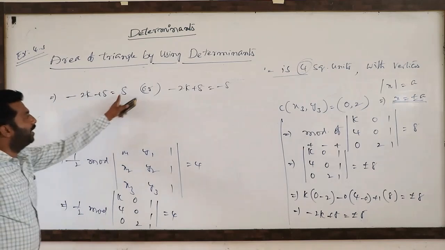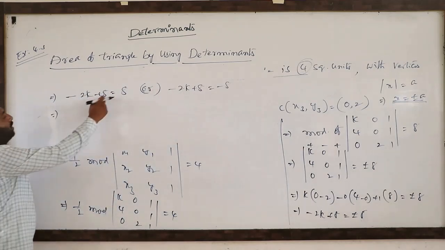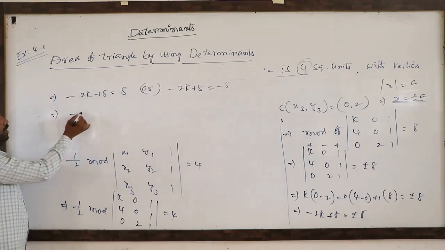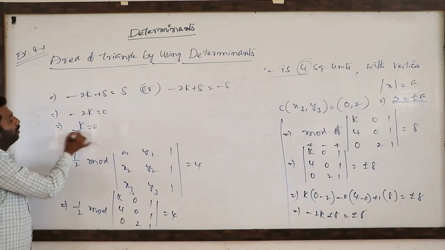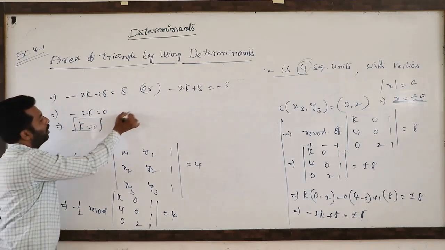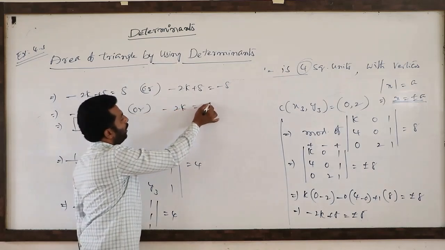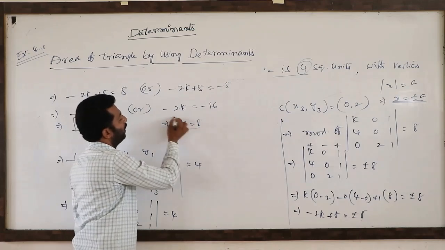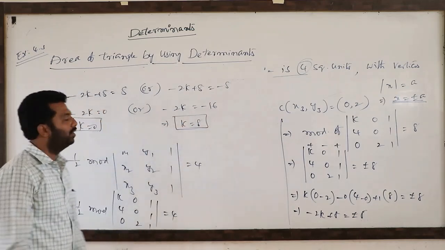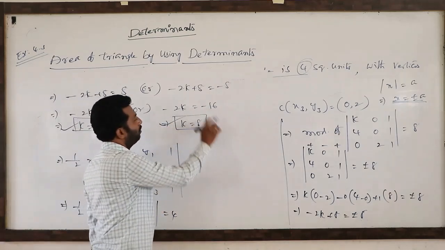One is plus 8, another one is minus 8. So plus 8, if you send that side, 0, minus 2k equal to 0, so clearly k equal to 0. One value we got. Minus 2k equal to minus 16, so k equal to 8. One case is k equal to 0, another case is k equal to 8.